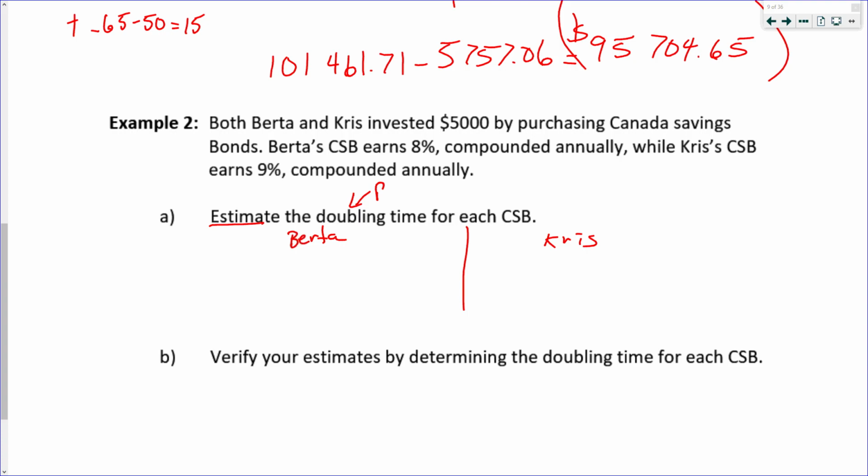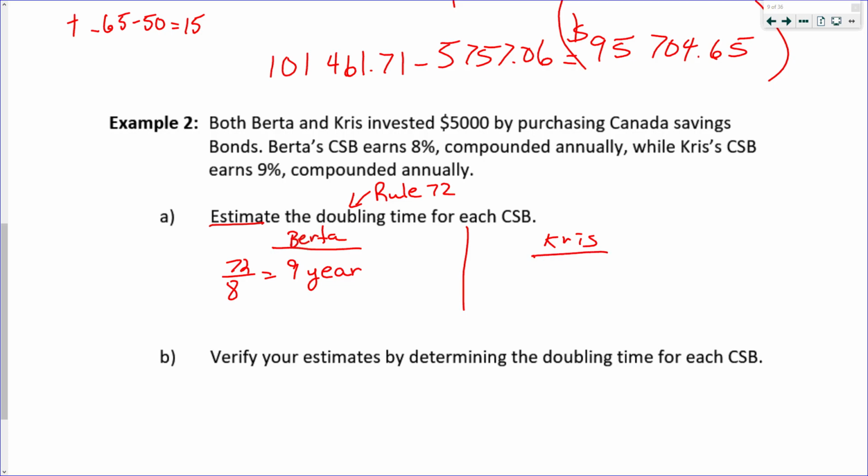So to do this, we're going to use the rule of 72. And then to do that, all you do is take 72 divided by your interest rate. So Berta's was 8%. So 72 divided by 8 works out to be 9. So it's going to roughly take 9 years to double.